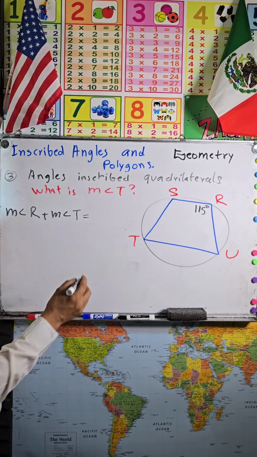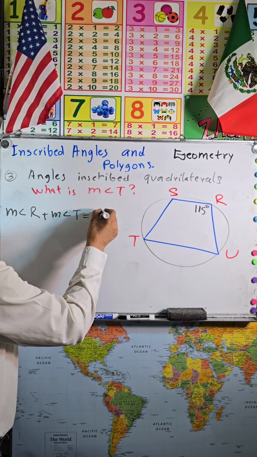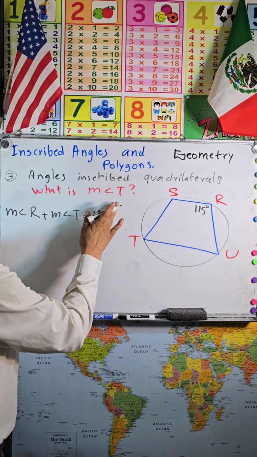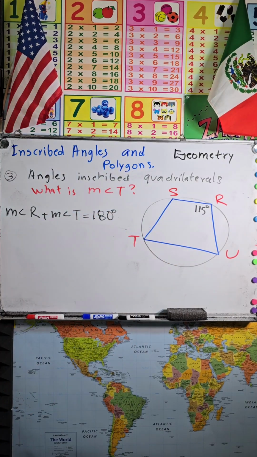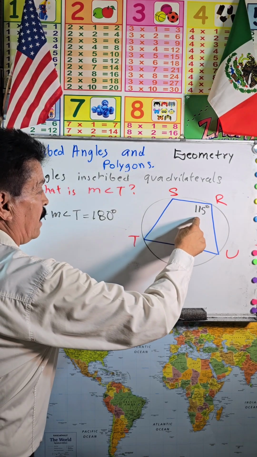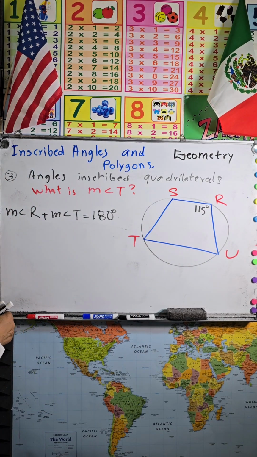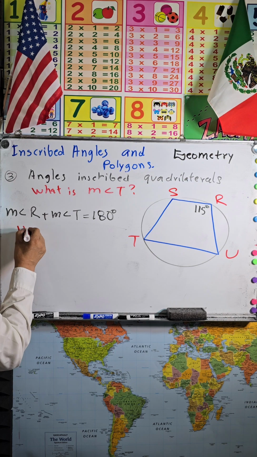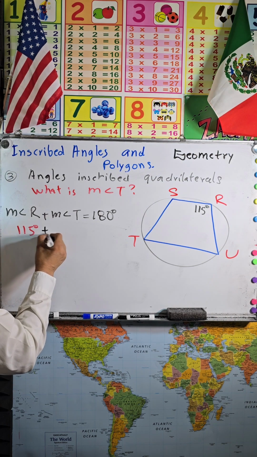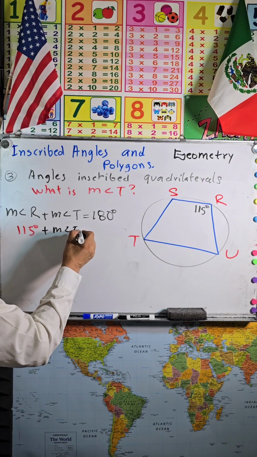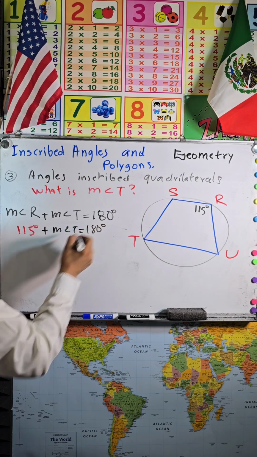Those are equal to, I told you, 180 degrees. So we have to plug in 115 degrees for angle R, plus the measure of angle T equals 180.